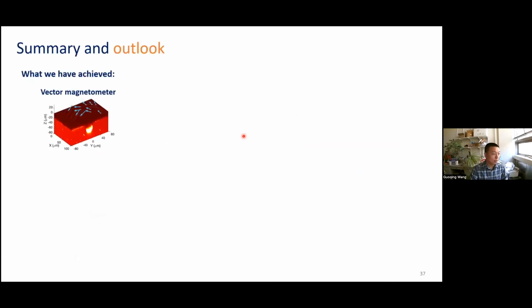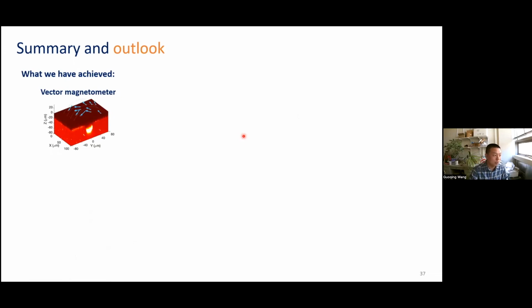So finally, let's have a summary and outlook of our next step. Currently, we have already achieved the sensing of vector AC magnetic field by using the rotating frame, to solve the conflict between vector magnetometry and nanoscale spatial resolution.